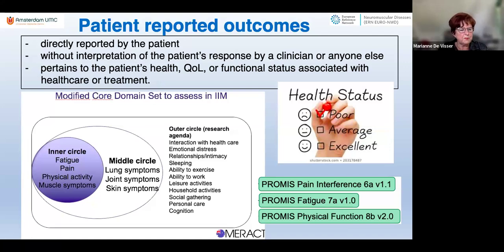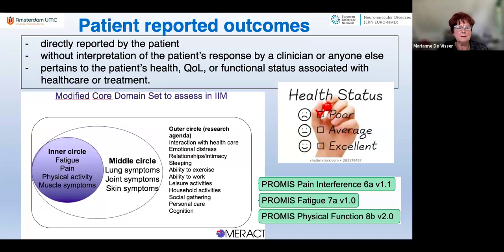A working group from OMERACT, which is an international informal organized network, and I'm one of the members of that working group, has been working for more than 10 years on patient-reported outcome measures in myositis. And I can assure you that it's a tedious job, necessitating finding evidence for reliability, for responsiveness, and validity. And that takes time.